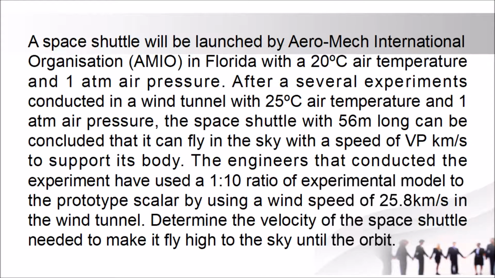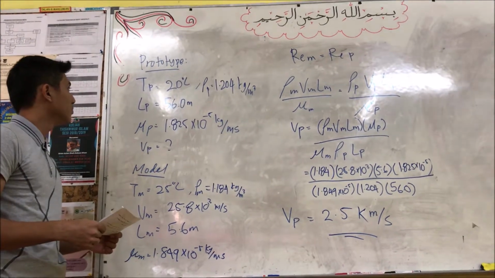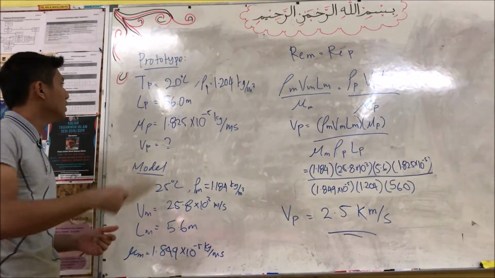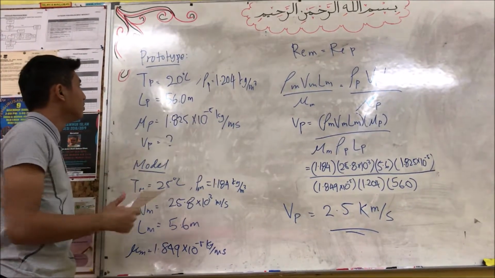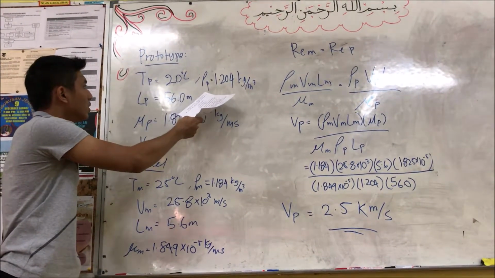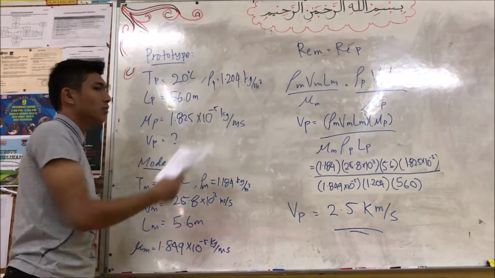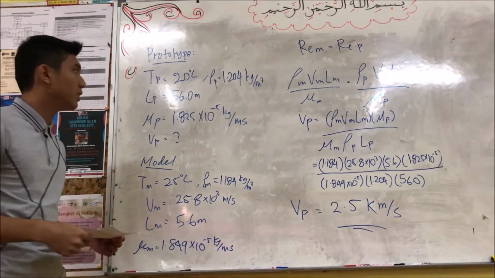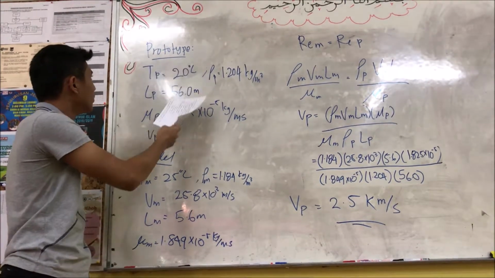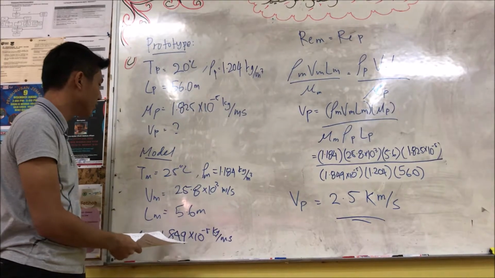Alright, so based on the example problem, this is all the information given, which is the temperature for the prototype, and the value for this T is taken from the table. So we have all the information for the prototype and for the model.